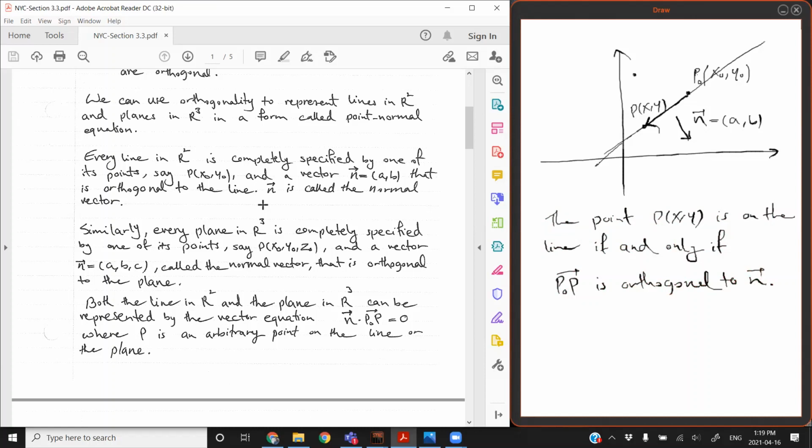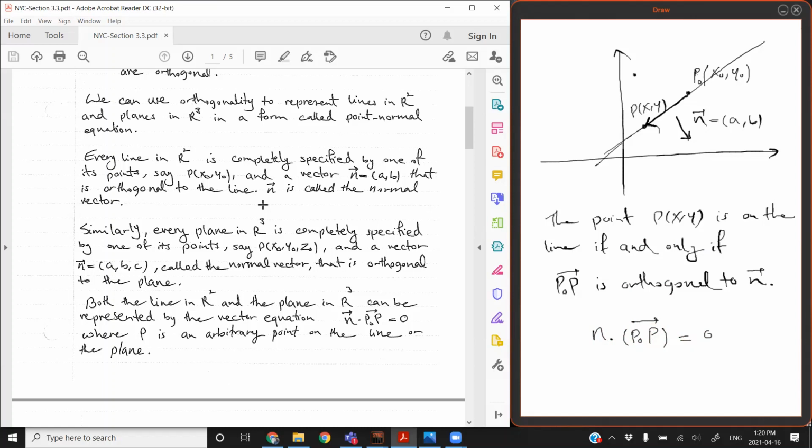But we can write that down as an equation. That equation would be n dot P0P is 0, because two vectors are orthogonal if and only if their dot product is 0.